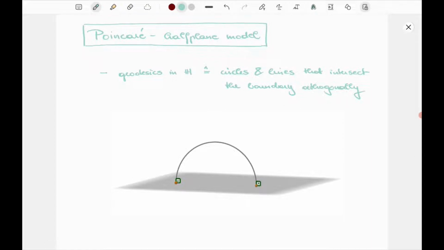By geodesics, I mean now curves that provide the shortest distance between two given points with respect to the hyperbolic metric. And in our Poincaré half-space model, those geodesics are then given by circles and lines that intersect the boundary orthogonally. The boundary is here this gray plane, and in our model that's the xy plane of R3.